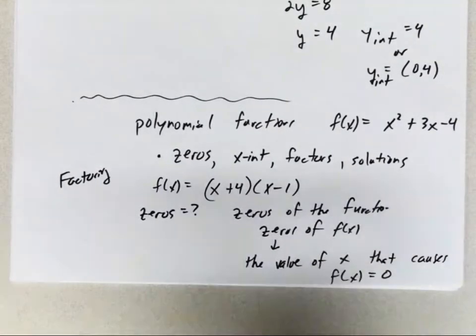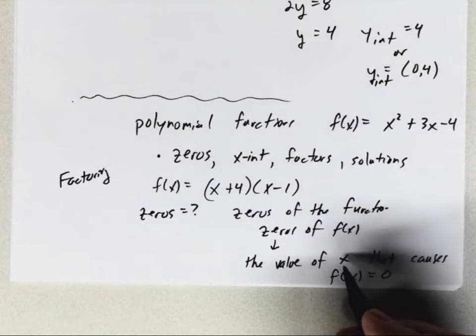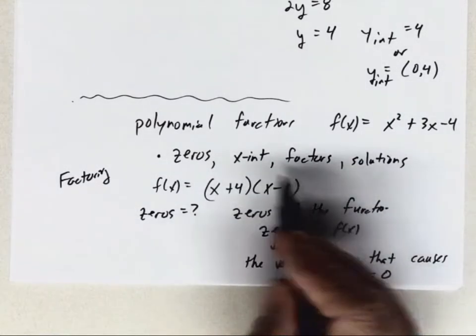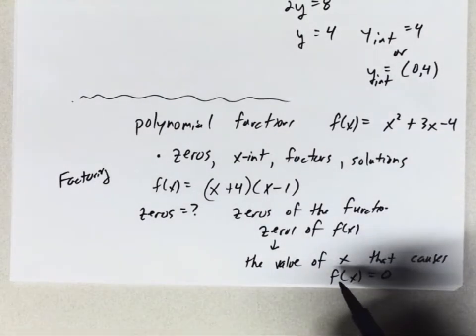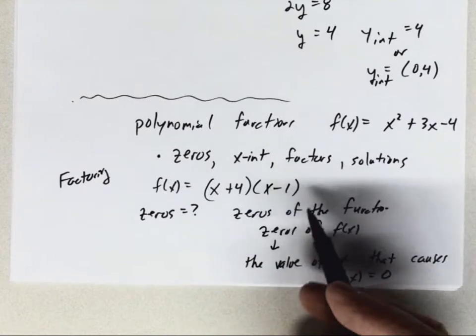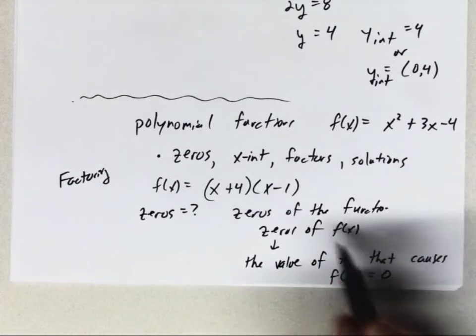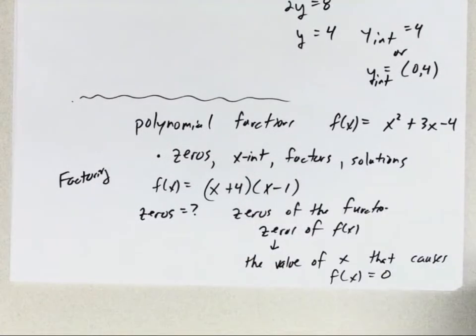In other words, let's go find a number for x, and maybe there's more than one. The numbers for x, that if I plug that number into my equation, the whole thing equals 0. So it makes sense that they might call this the zeros of the function. What are the values of x that cause the whole function to equal 0?